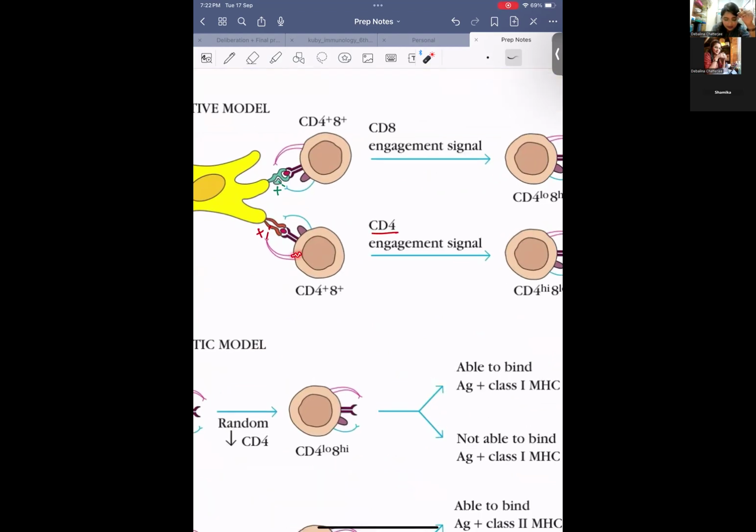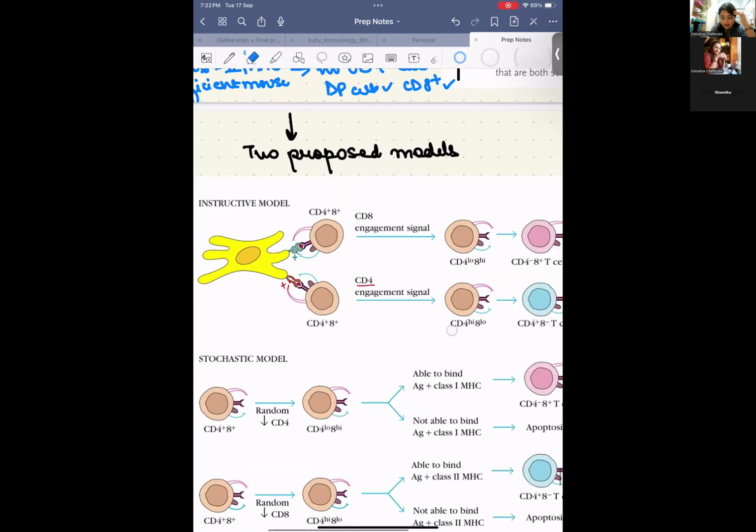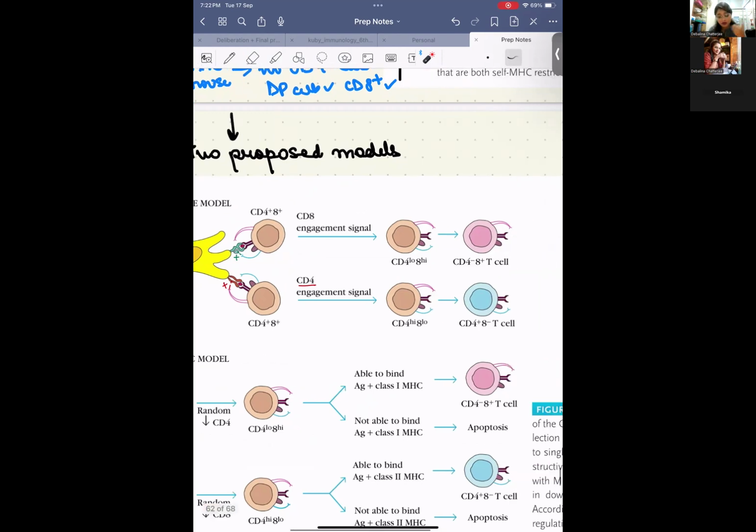This engagement here is going to get inside the nucleus, and eventually the expression of the CD4 gene is going to increase. So that is how this is becoming higher, and at the same time, the transcription factors that are released are going to inhibit the transcription of the CD8 molecule, and that's how CD8 on the surface of this particular cell is eventually going to decrease. So all of this is happening during the process of differentiation.